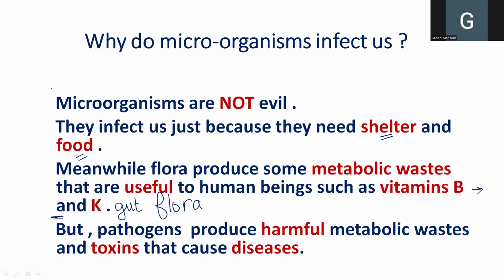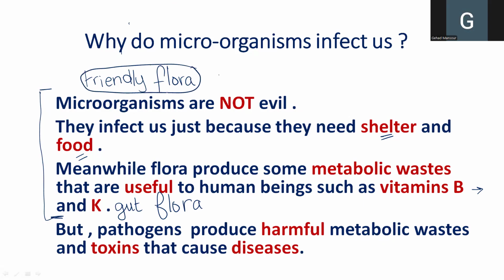If the organism takes food and shelter and in return gives benefits like producing vitamins B and K, then it is a friendly flora. But if in return the organism gives toxic metabolic wastes, then in such a case, the organism wouldn't be a friendly flora, but it would be pathogenic.